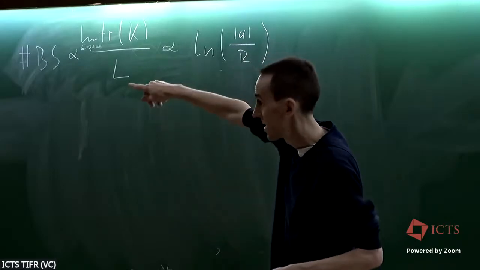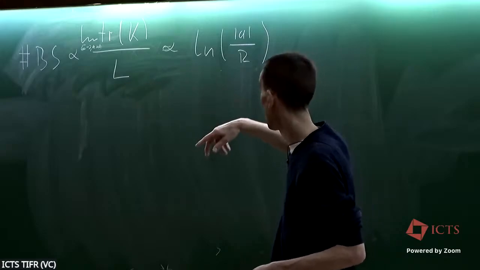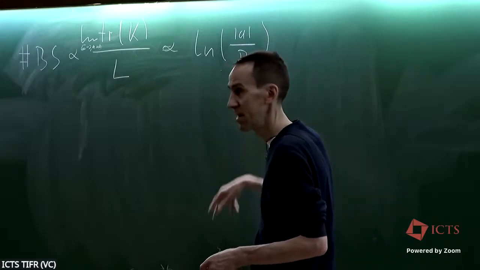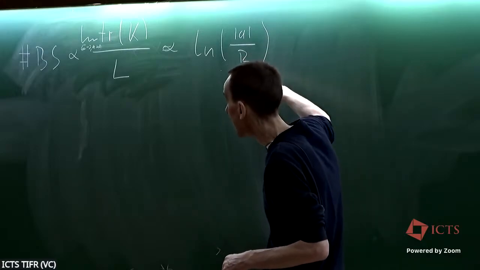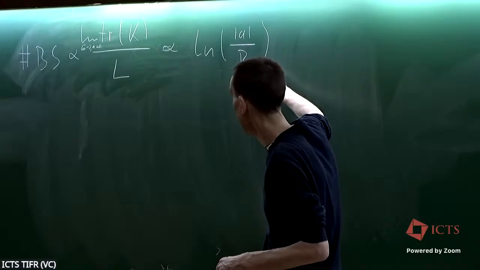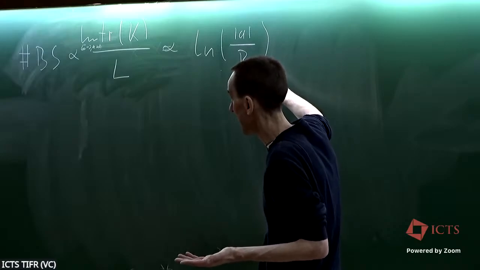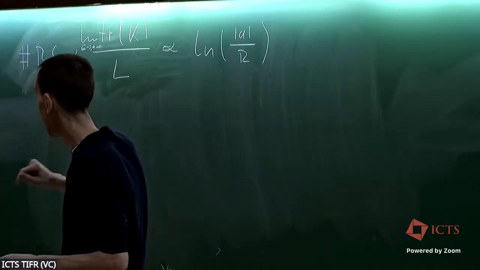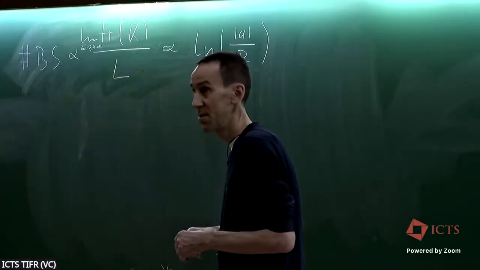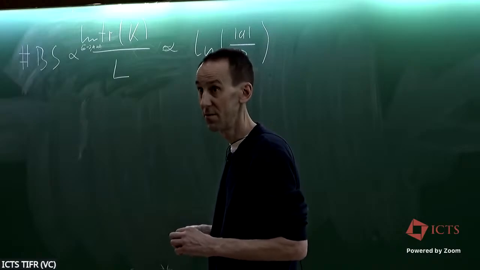So the momentum cutoff is inversely proportional to the range of the Fourier transform of that interaction. And this is the result which then matches or ties together this derivation and Efimov's derivation, which goes a completely different route.